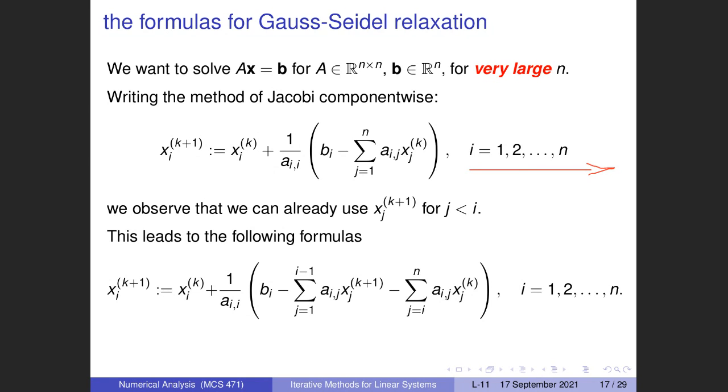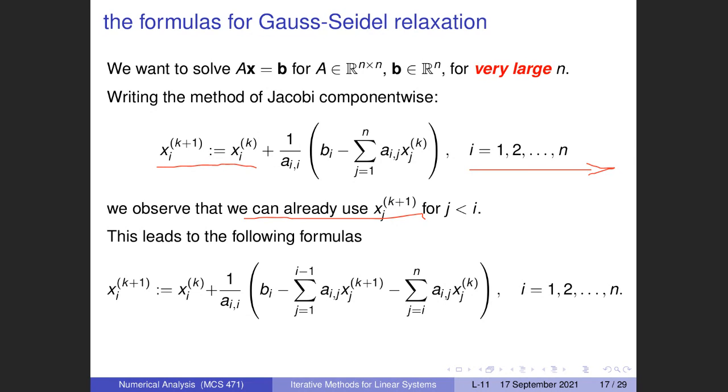So let me repeat this. We are updating this vector component by component. That was what we did with the method of Jacobi, but we split off the residual vector because that was our convergence criterion. So the idea is that if we already have a better value for, say, the first component, it would be better to use that value when we compute the second component.